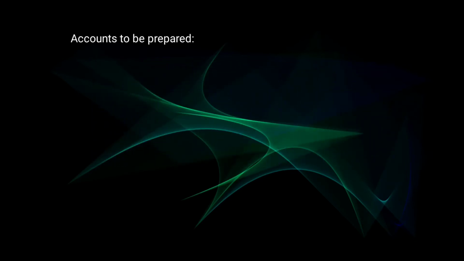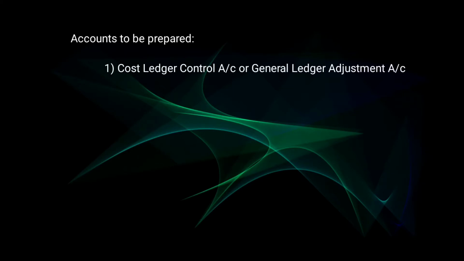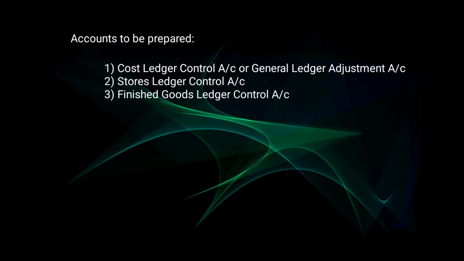So accounts to be prepared for this question are: first, cost ledger control account, which is also known as general ledger adjustment account. Second, stores ledger control account. Third, finished goods ledger control account.